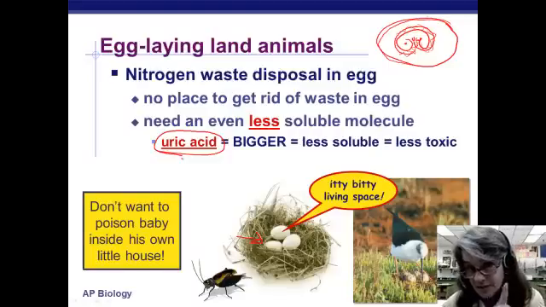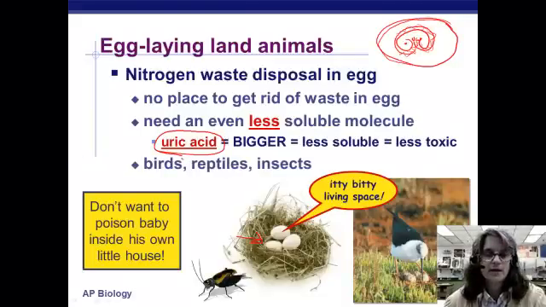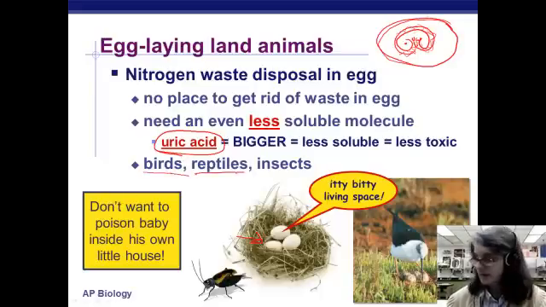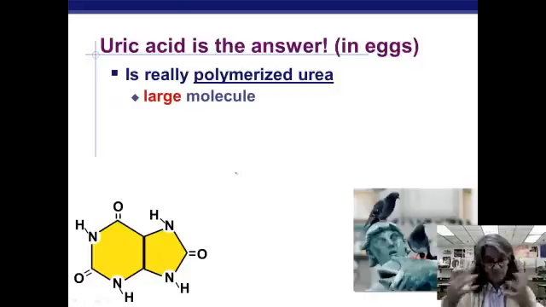And because it is less dissolvable in water, it is less toxic. It can be isolated. It won't pass through a membrane. Okay? Birds, reptiles, insects, and in particular, please remember, birds and reptiles are our egg-laying vertebrates. Okay? Use this method.